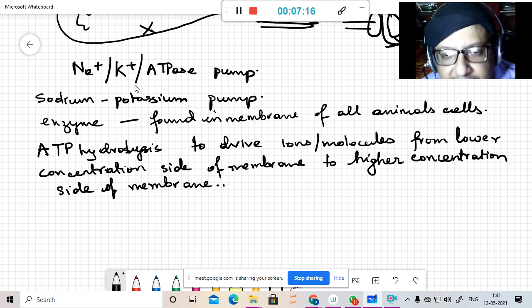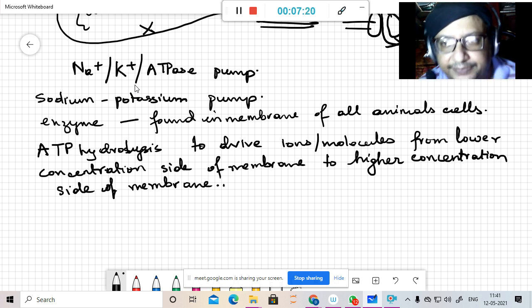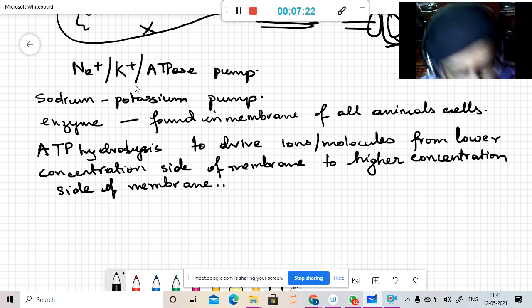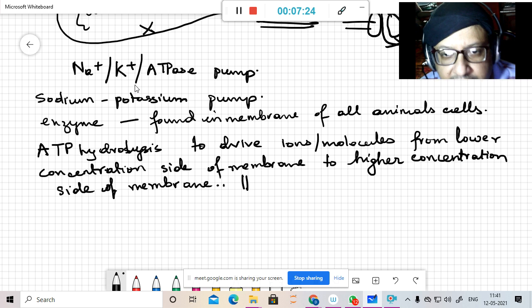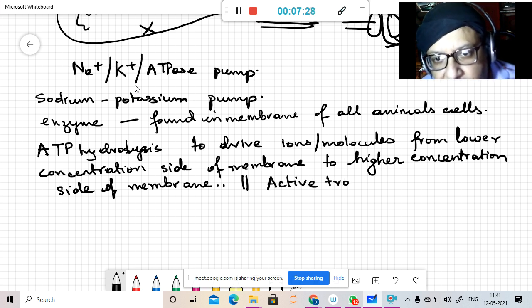So this is the function, from low to high. This is the function of this pump, and therefore this is a pump for active transport of ions.